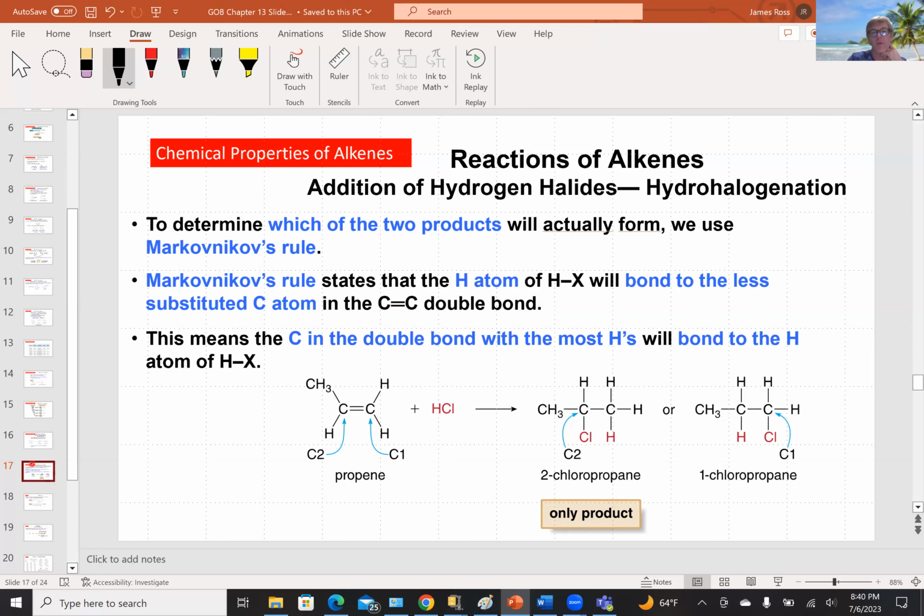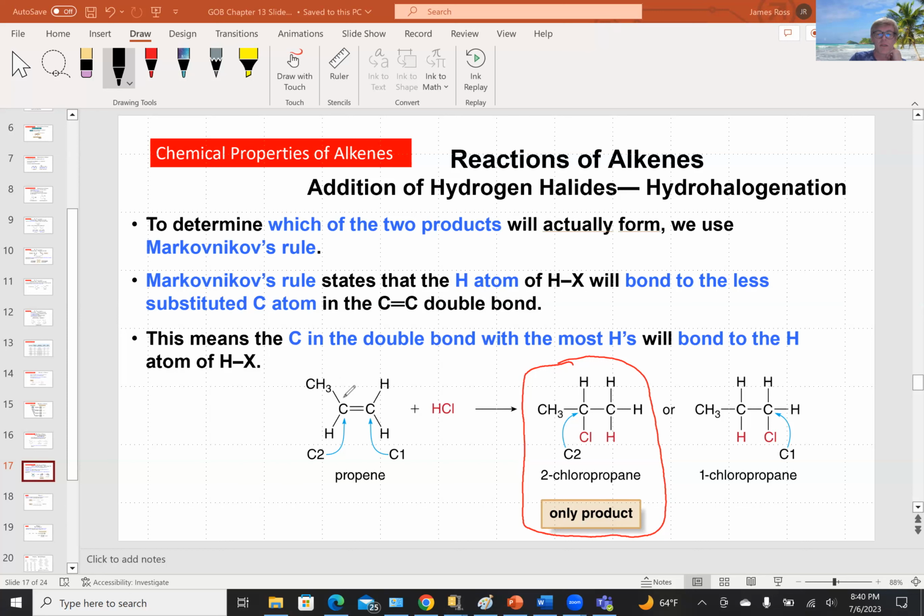So briefly stated, Markovnikov's rule will pick one of the products as the only product. This is called the major product or the Markovnikov product. And it essentially says that the carbon with the most H's will get an H preferentially.